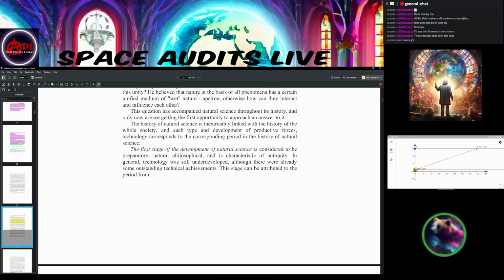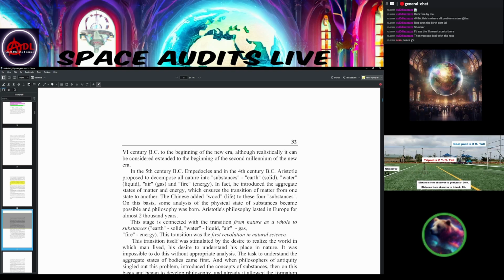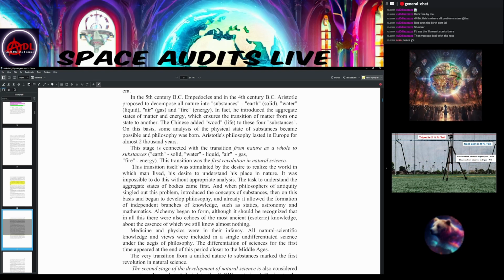This stage can be attributed to the period from the 6th century BC to the beginning of the new era. Although realistically, it can be considered extended to the beginning of the second millennium of the new era.